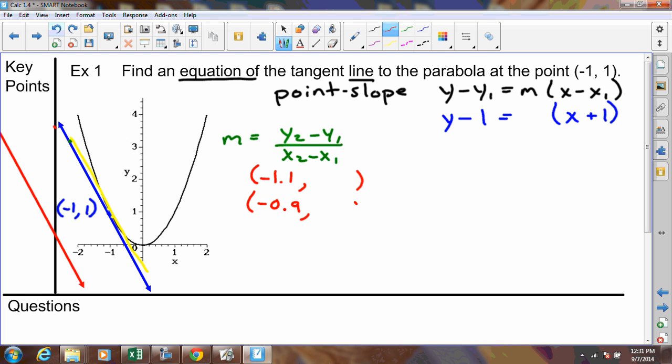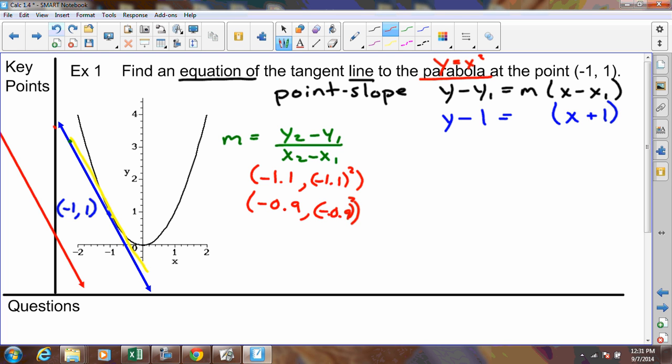Well, we know the equation of this line because it's the parabola. We know the parabola is y equals x squared. So we could go through and plug in 1.1 squared, -0.9 squared, and just by crunching these numbers, we can get the y values that will then match up.